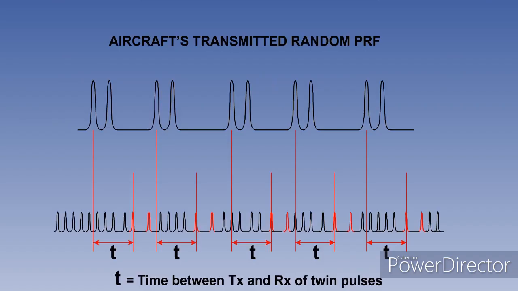When the ground station transponder receives an interrogation pulse, it sets up gates to match the random pulse repetition frequency of the transmitted twin pulses. Electronic gates essentially blank out signals with other patterns.